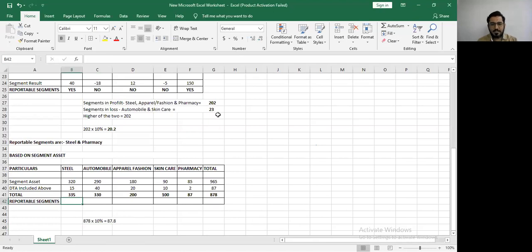Does steel require separate disclosure? Are separate disclosures required for steel?